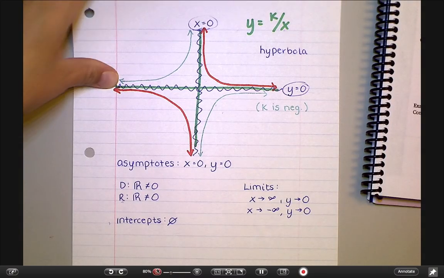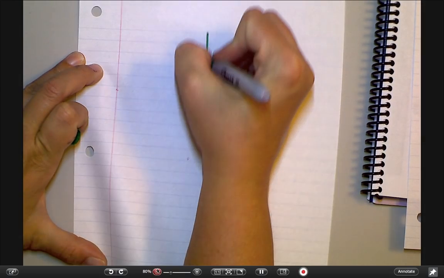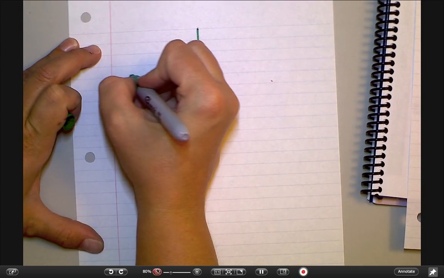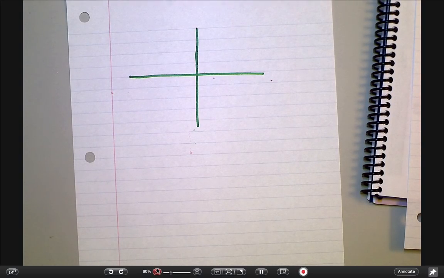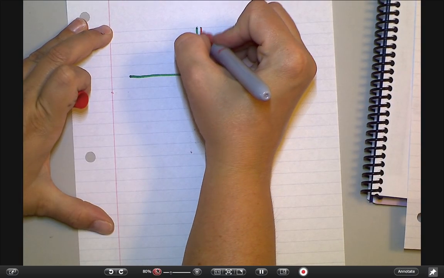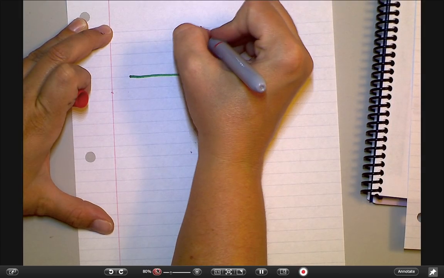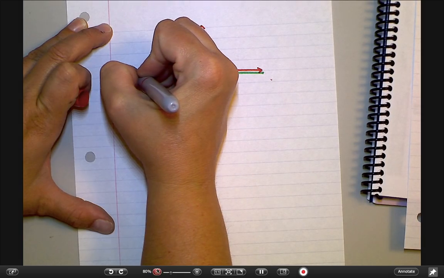So when you went ahead and put that square in on your graph, it should have come out, whoops, oh man, now I'm on the spot to draw this nicely. Okay. It should have come out looking like a hyperbola here, but it ended up being side by side like this.